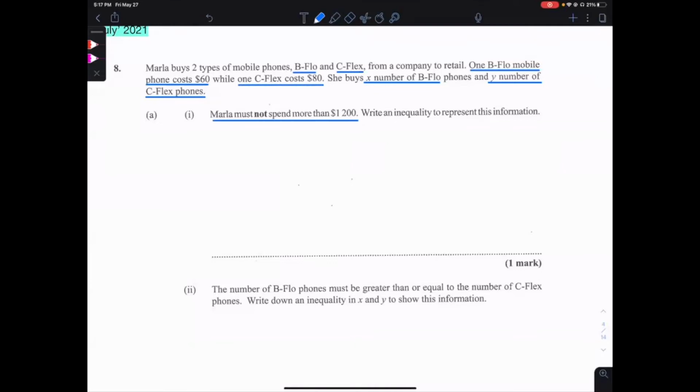But we don't know how many phones she bought. All we know is that one B-Flow costs $60. So X B-Flow phones will cost 60 multiplied by X, which is 60X.